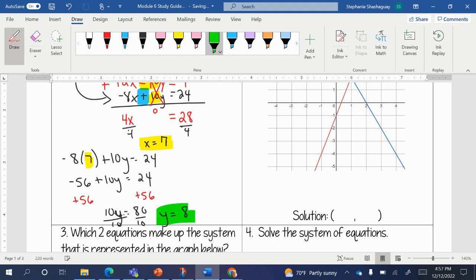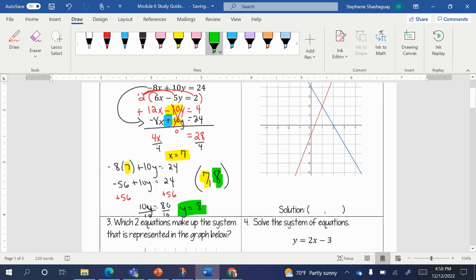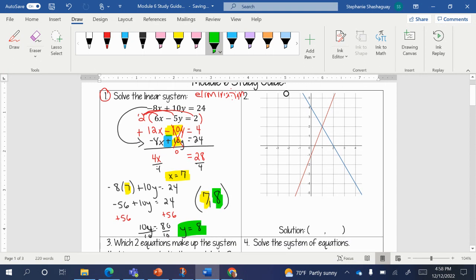So now I have my x and y value. My solution is 7, 8, with 7 being my x and 8 being my y. In question 2, all we really need to do is identify the point where they intersect, where both the red line and the blue line intersect.